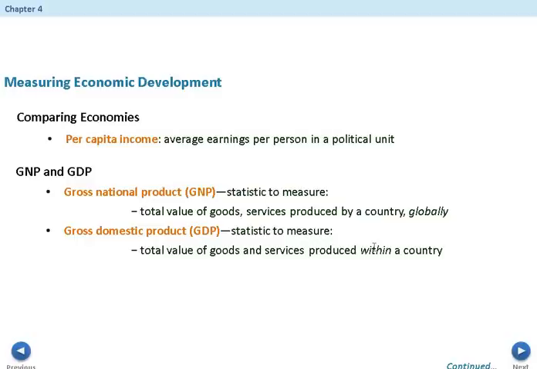Gross national product includes everything globally. So if you've got a company located in India, the people are actually making money in India. Of course, the business is from the United States and some of that money goes to them, but the money also is going outside of the country. So again, gross national product is global. Gross domestic product is within the country.